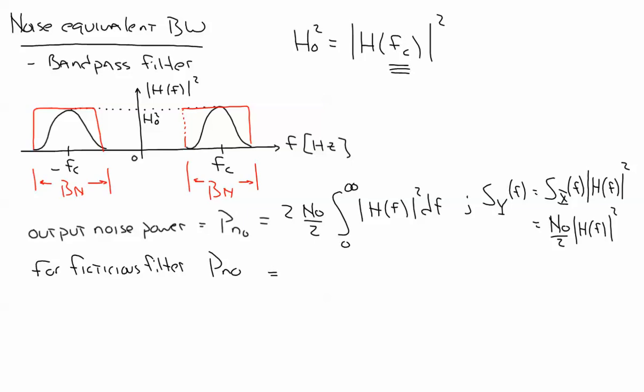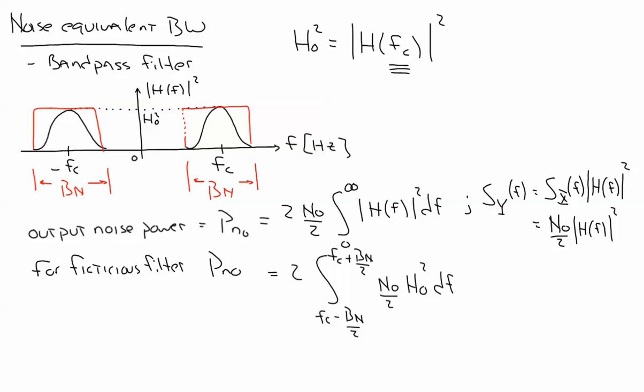For the fictitious filter, the output noise power is going to be 2 times the integral from fc minus b sub n over 2 to fc plus b sub n over 2, of N0 over 2 H0 squared df.